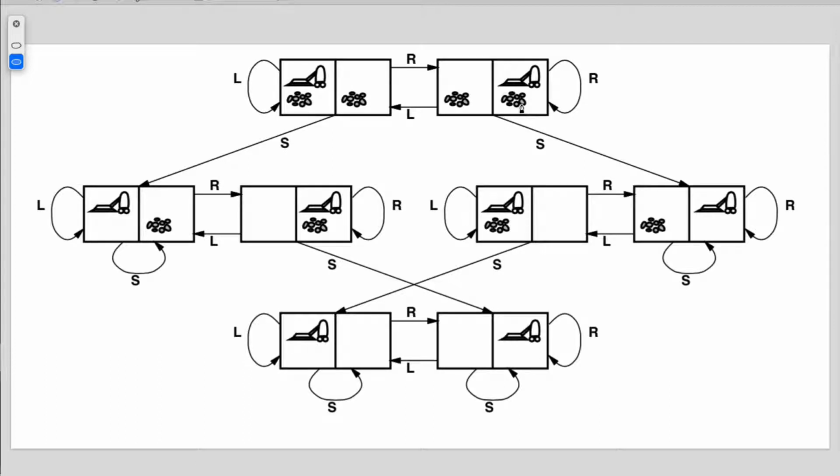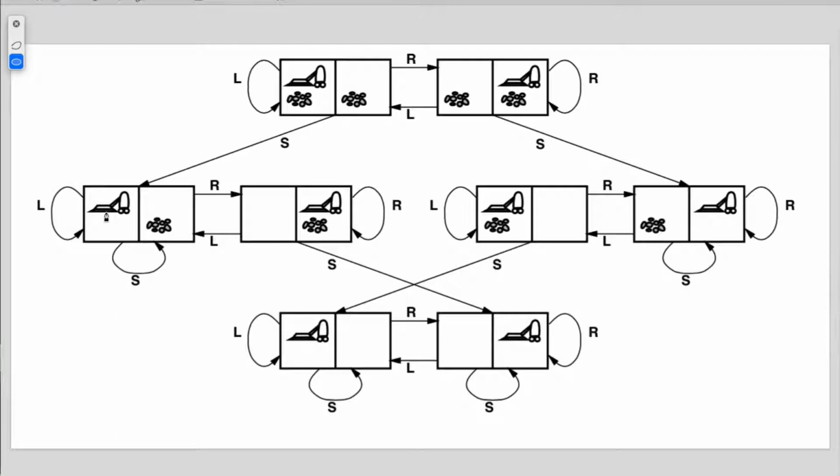But then from this original state, we could activate the suction of the vacuum, which would clean up the square that we're in, right? So we follow the S edge, which is for suck, and we clean up that square. So now we're in this state right here, where the robot's still in the left square, but the left square is now clean.